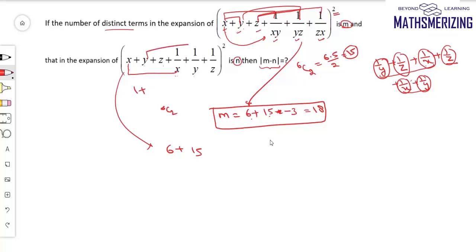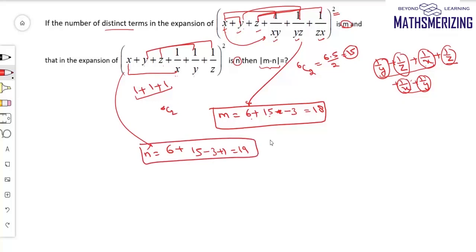When I multiply this y with 1/y, I'll get 1. And when I multiply this z with 1/z, I'll get 1. So these 3 terms which we had taken previously as distinct are not actually distinct but 1. So what I need to do is subtract 3 and add 1. So that should be 19. So the value of n is 19.